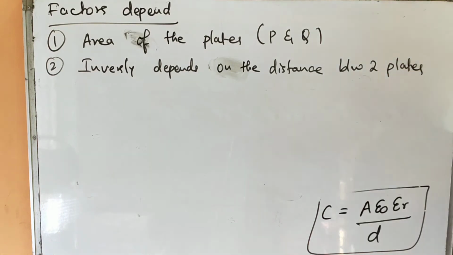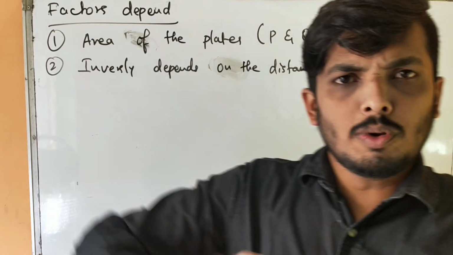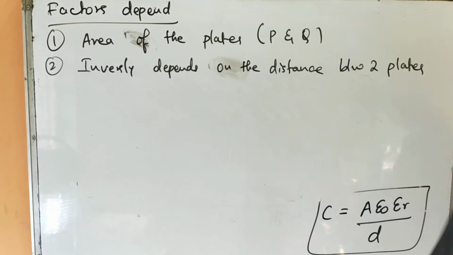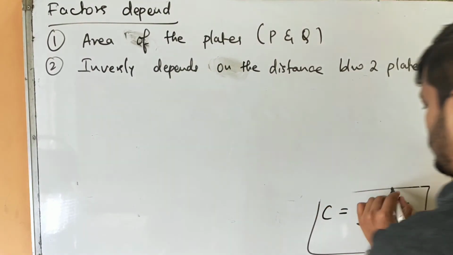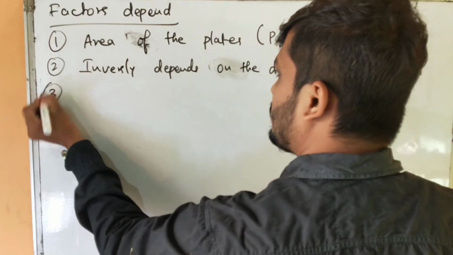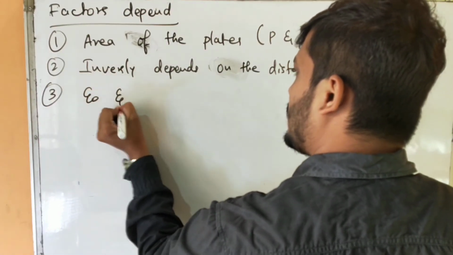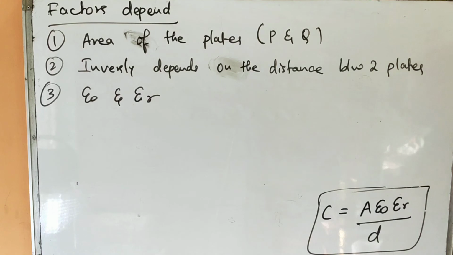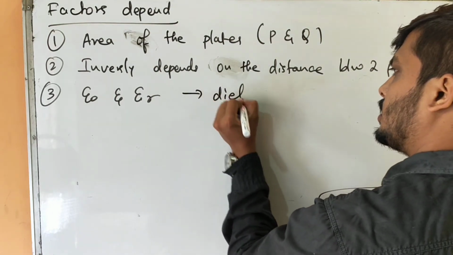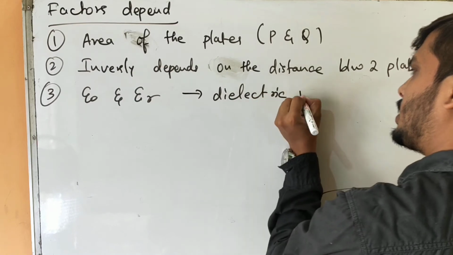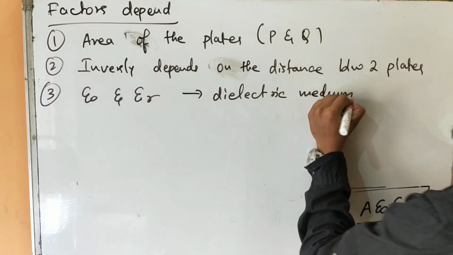So quite obvious, if you keep two plates very far away from each other, then the capacitance will decrease. So try to bring the plates closer. And it depends upon epsilon naught and epsilon R, which indirectly I call the dielectric medium, so it depends upon the plates being separated by a dielectric medium.